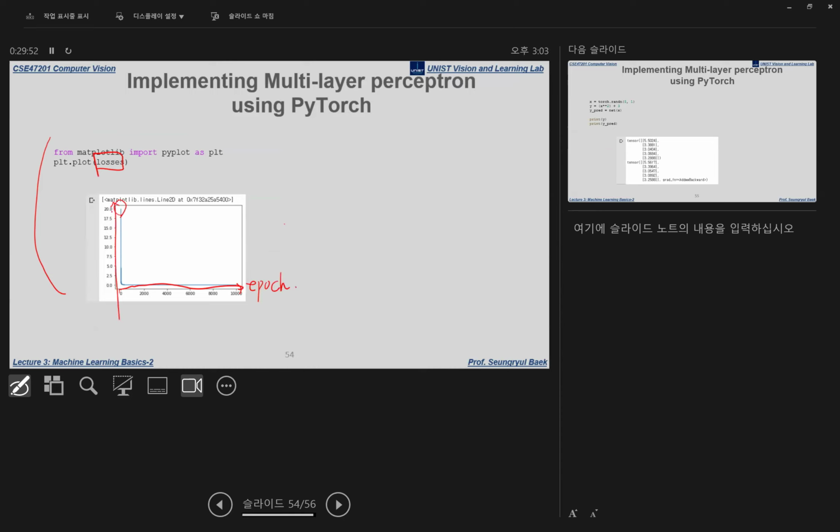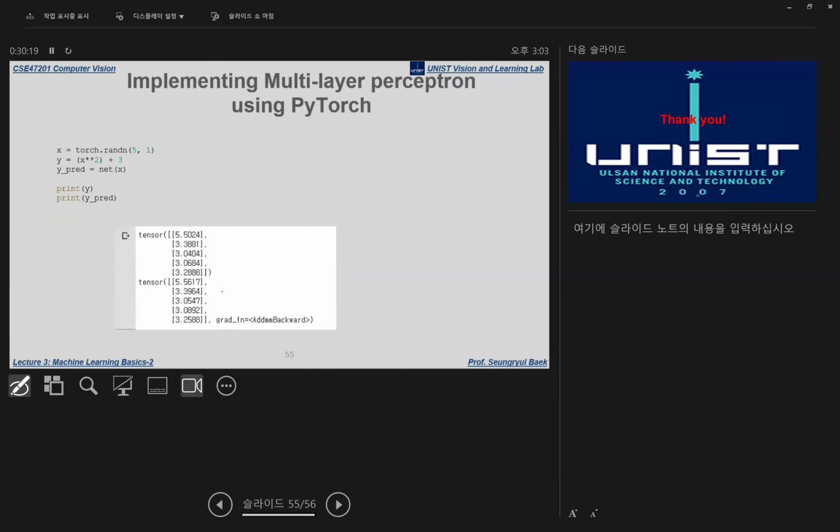Loss was very high at the initial iteration, but you can see the losses are gradually reduced. Loss means the distance between the predicted value and the ground truth. And the loss reduction means our predicted value is becoming close to the ground truth as epochs go.